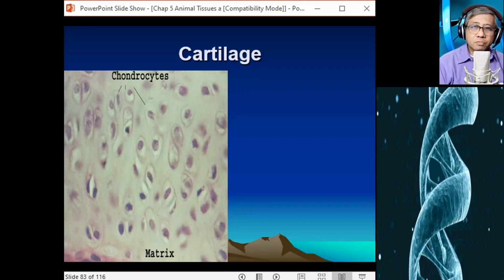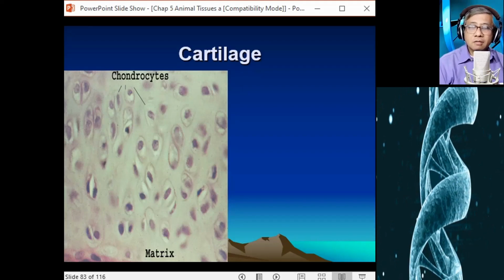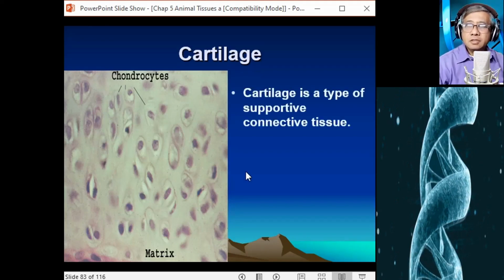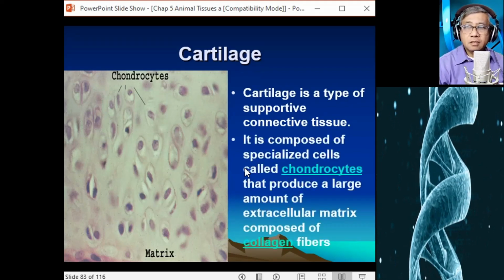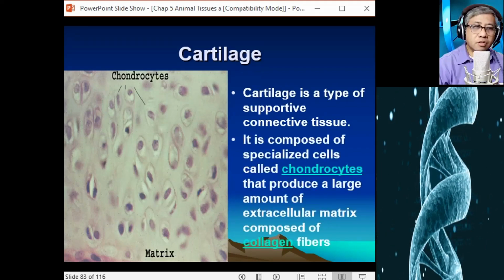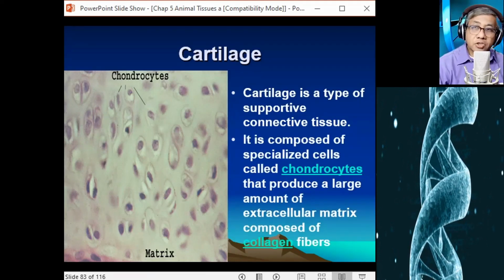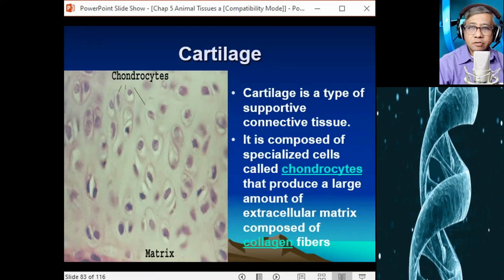Okay, so next we have supportive connective tissue. So under supportive connective tissue, we have cartilage and bone. Okay? So cartilage is a type of supportive connective tissue, and this type of supportive connective tissue is composed of specialized cells called chondrocytes. Alright, chondrocytes.